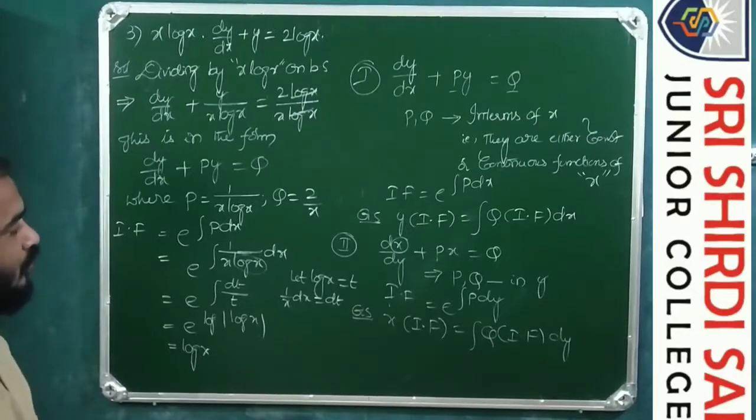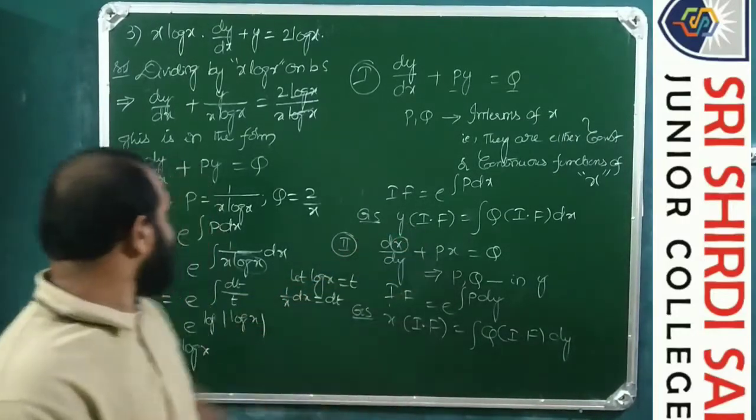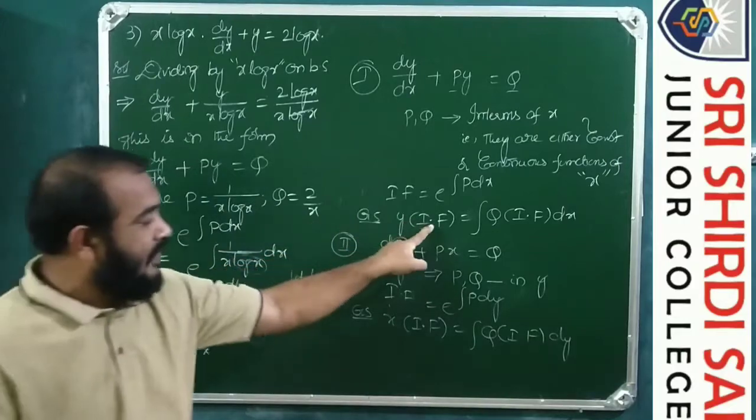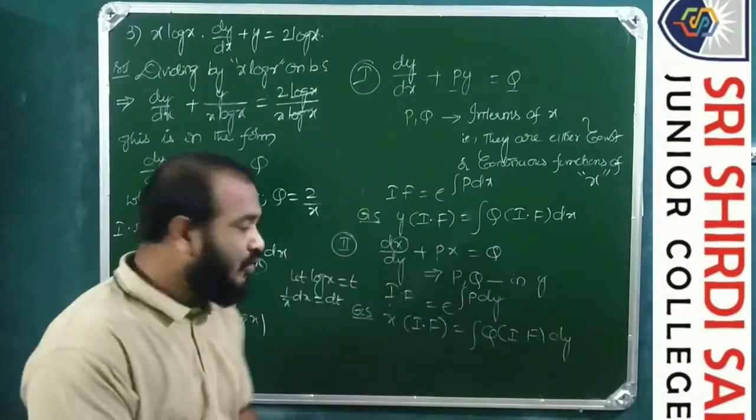And what is the general solution? The general solution is y into integral factor is equals to integral q into integral factor into dx.